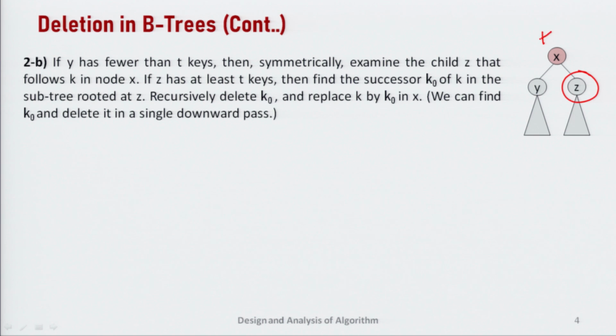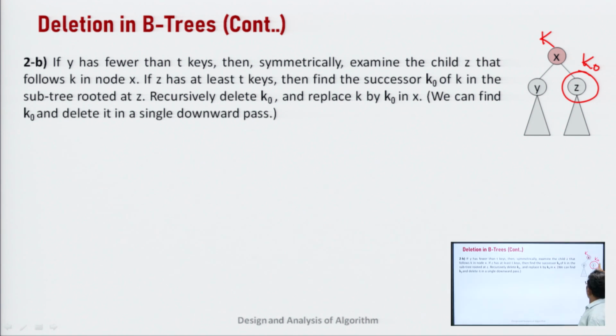Suppose key k is residing in this node x. We will find an immediate successor k' in the subtree rooted at z. Now, what will we do? We will replace this k by k', and again we will delete this k' from this subtree rooted at node z, the right subtree. So, this will resolve the problem.